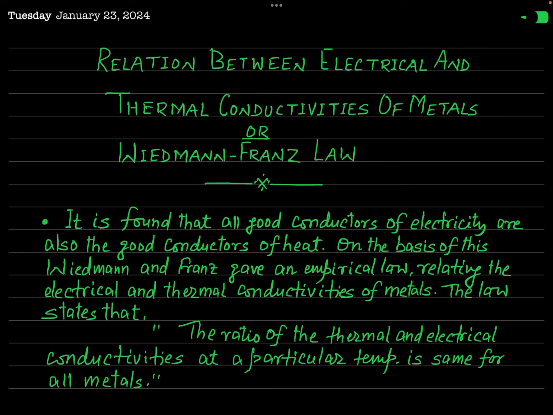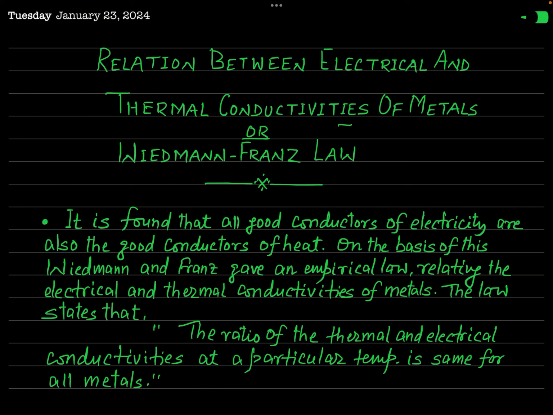Now in the present lecture, we are going to see another important property of metals that can be explained on the basis of this Drude model. And this is regarding the relation between the electrical and thermal conductivities of metals.